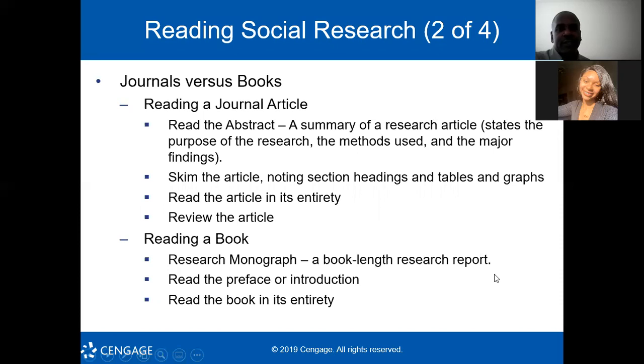Another important consideration is whether or not you use journals or books. Notice we're not saying YouTube links or Google searches. You can use some of that, and the chapter does address that.